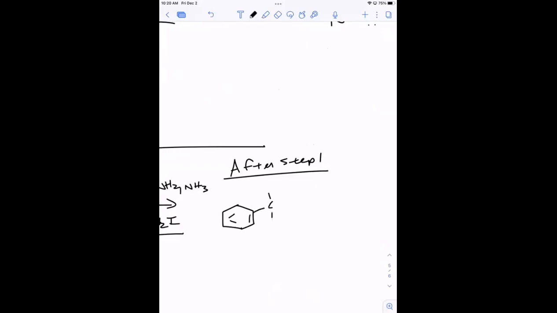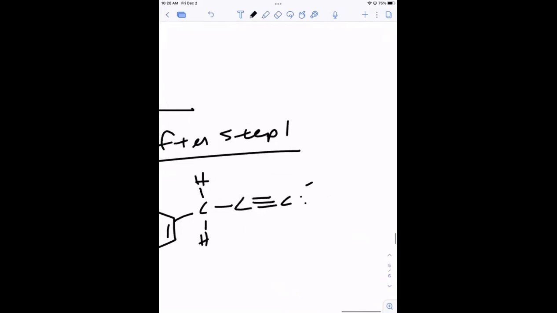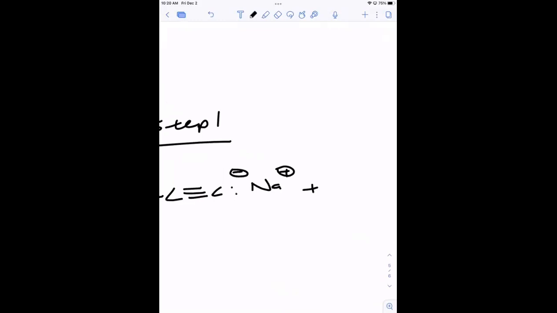This is CH2. It's C, and that's now negative. And of course, the sodium is positive. It'll be here. And then that's going to be plus NH3.